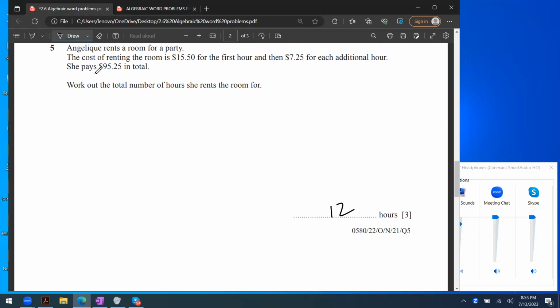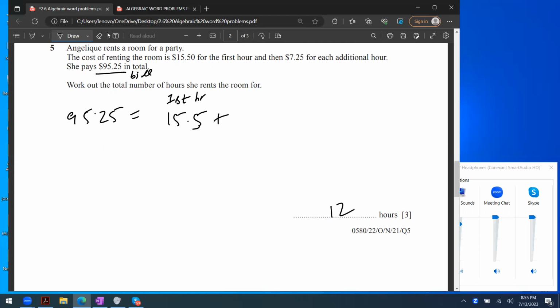Now, she pays 95.25. This is the bill. So how is it 95.25? This includes the first hour. This is fixed. The first hour is a little expensive, so 15.5 is the cost of the first hour.